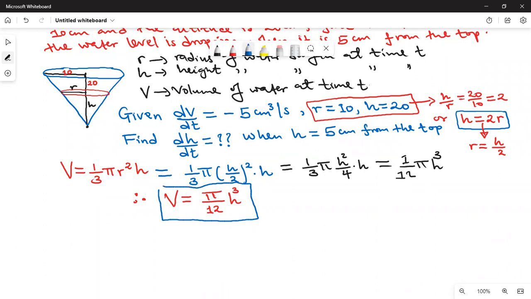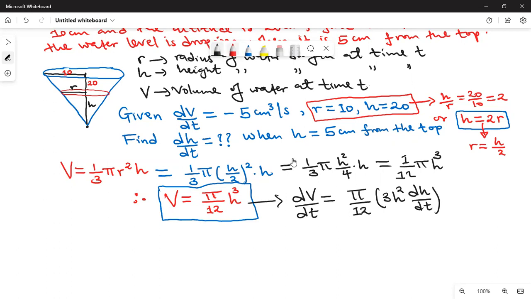Let me bracket it. Now I want to know the derivative of this equation with respect to time. So we are saying dV/dt is equal to, remember, pi over 12 is a constant. That's pi over 12 times the derivative of h cubed, which is 3h squared times dh/dt.